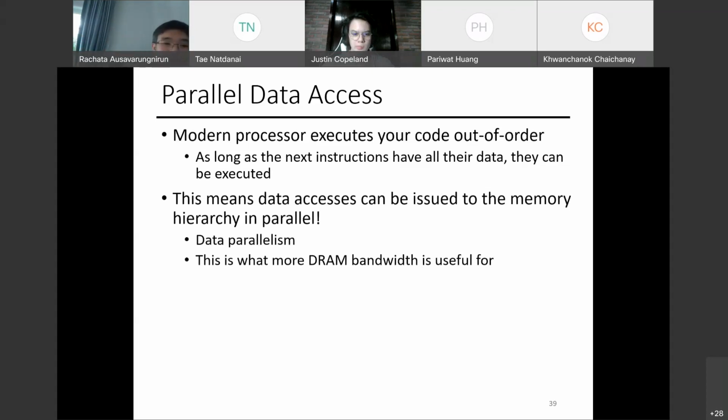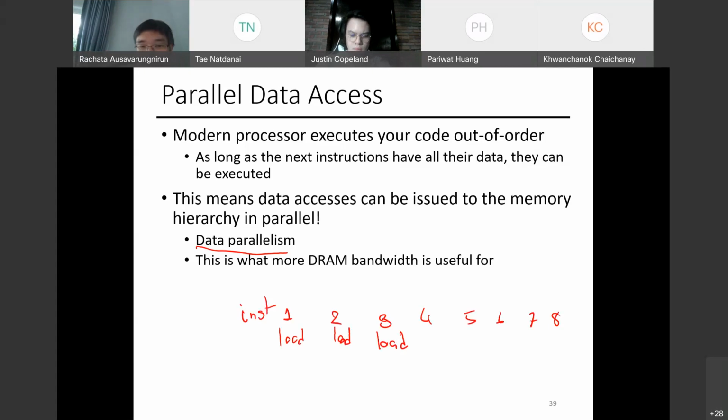You might hear this word, data parallelism. Data parallelism means that you're going to issue memory accesses, 5 of them, 10 of them, in parallel at the same time. Let's say you have instructions 1, 2, 3, 4, 5, 6, 7, 8, and this is a load, this is a load, this is a load. Load means I want to access data in the main memory. This is an add, this is a load, this is a load.